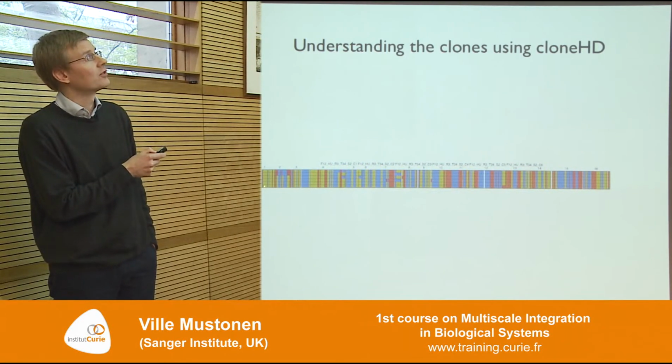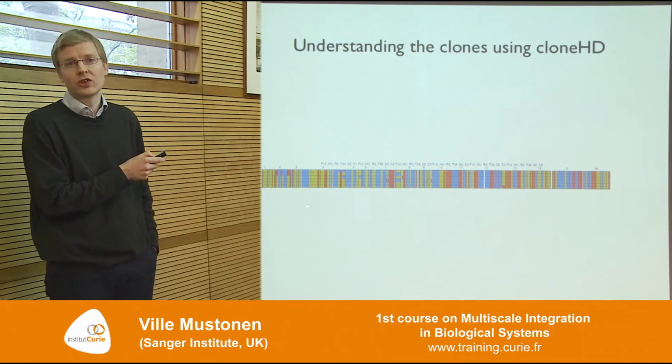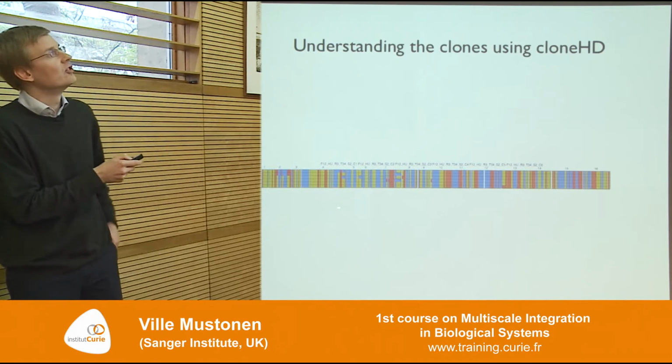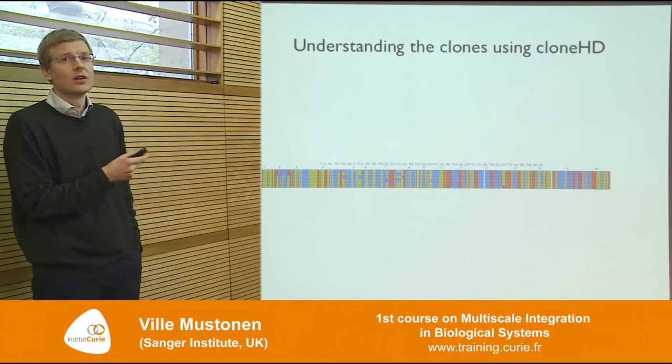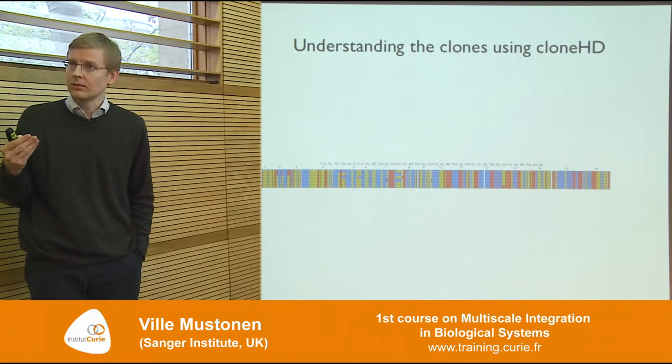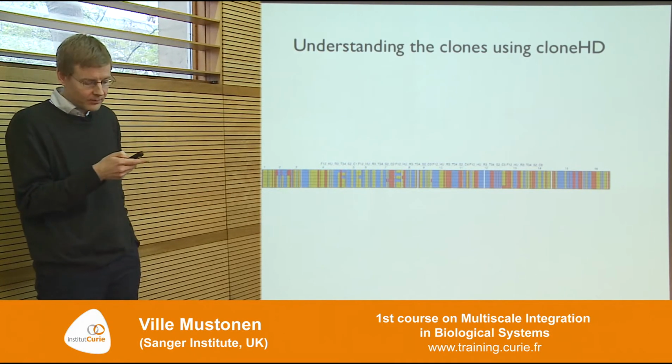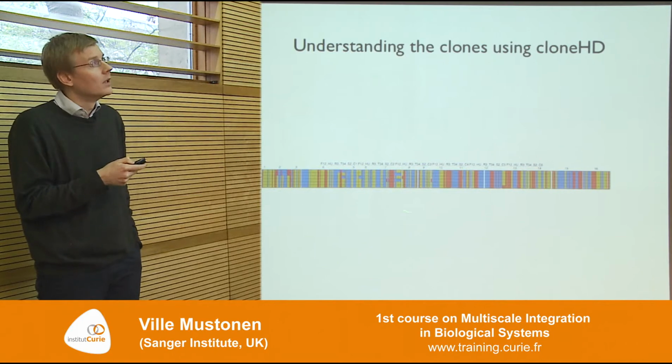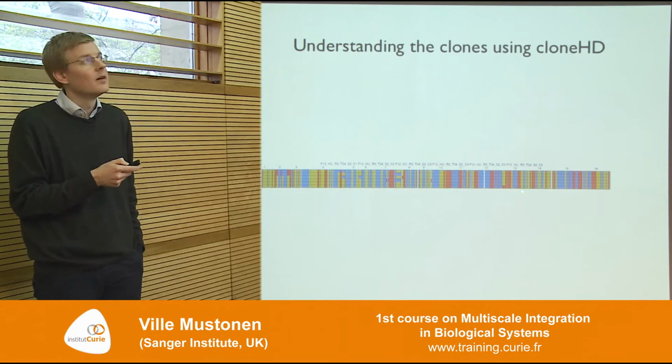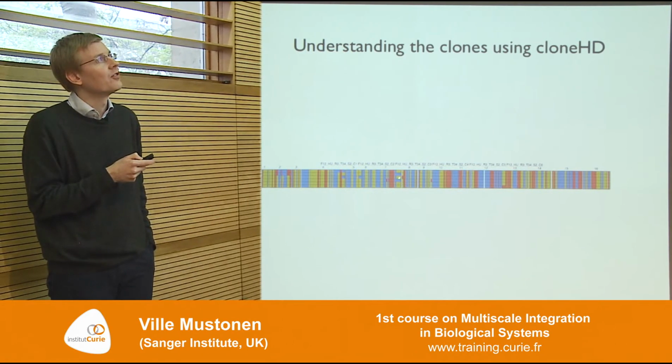So what you have here, red is now homozygous in one direction, yellow is heterozygous, and blue is homozygous in the other direction. And you see these 6 clones from this hydroxyurea pool. They are more than 90% similar, but you see they have differences.